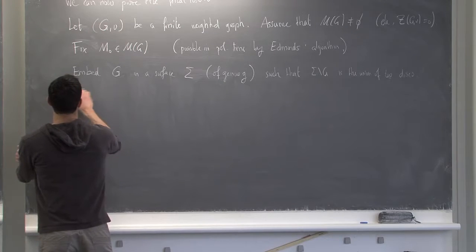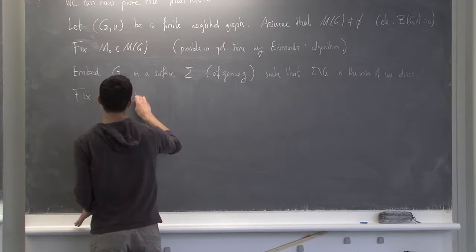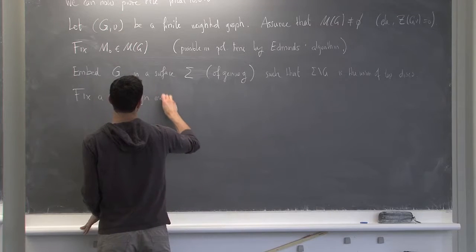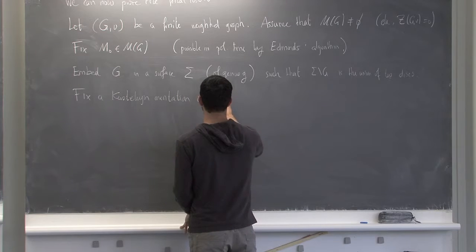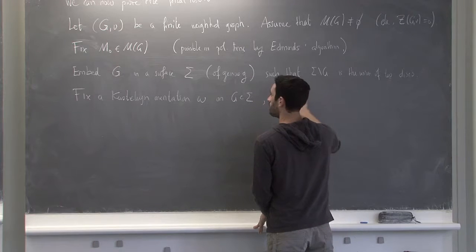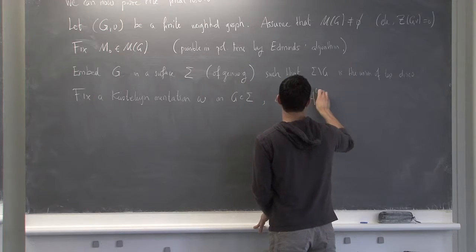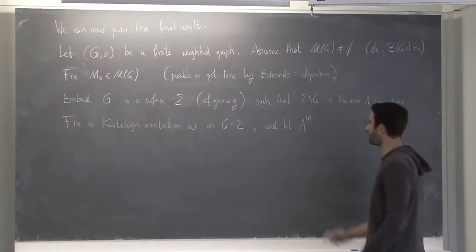Now we fix a Kasteleyn orientation omega on G embedded in sigma, and let A omega be the corresponding skew adjacency matrix, right?